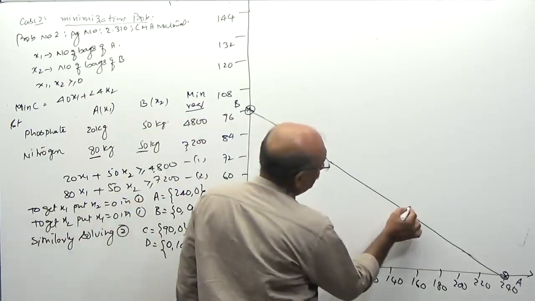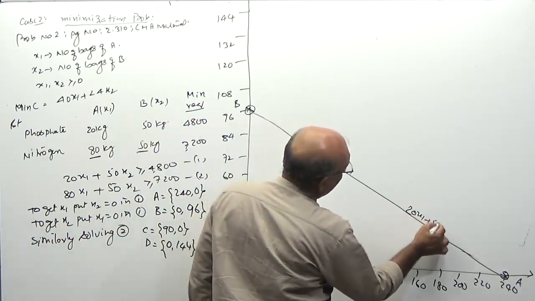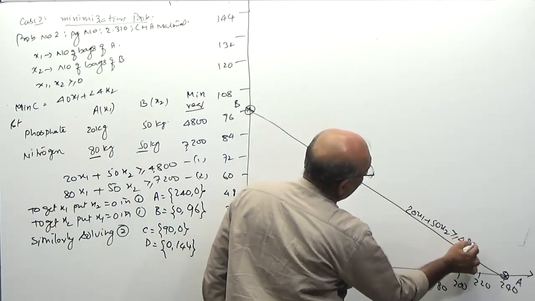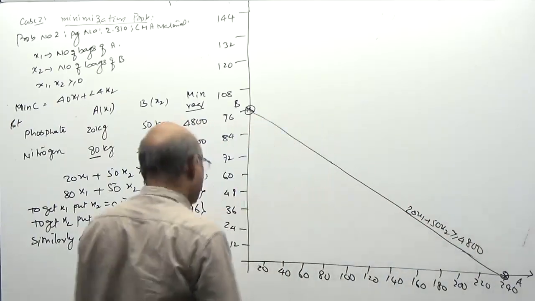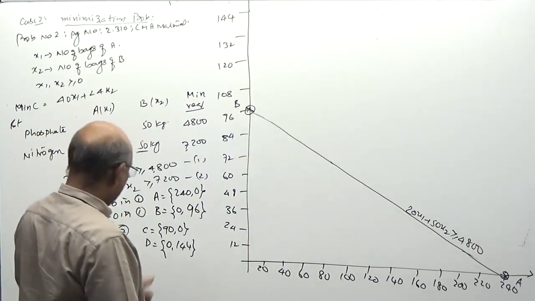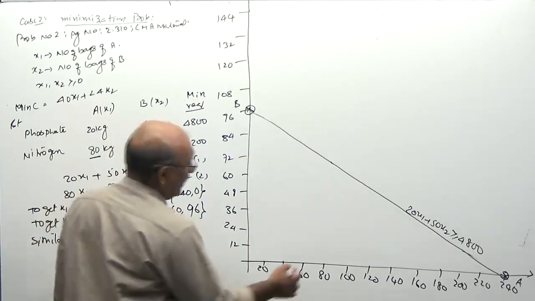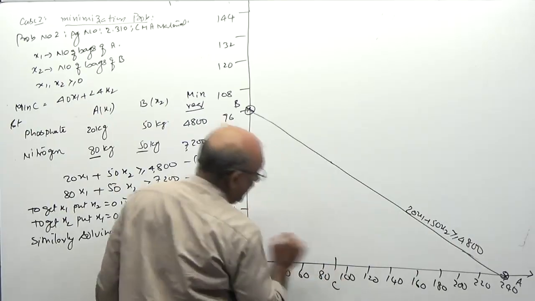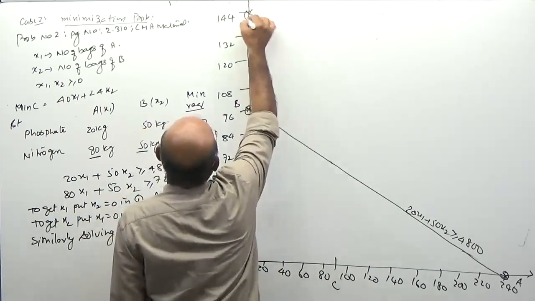This is 20x1 plus 50x2 greater than or equal to 4800. What is the second point, sir? 90 comma 144. 90 means C, 144 means D.